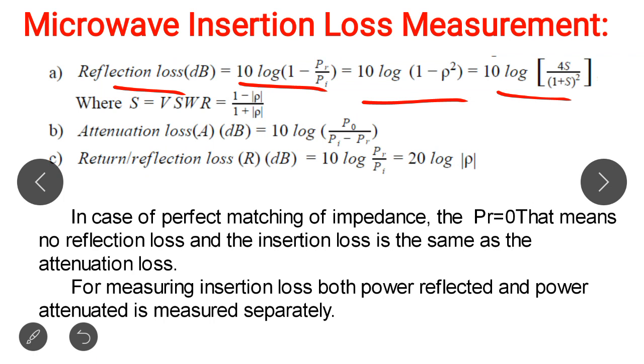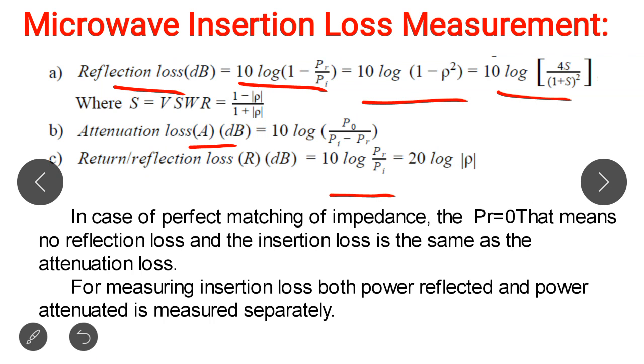Here s is nothing but VSWR, and that equals 1 minus mod of rho upon 1 plus mod rho. Attenuation loss in dB equals 10 log P0 upon Pi minus PR, and the return or reflection loss becomes 10 log of PR minus Pi, that equals 20 log of rho.